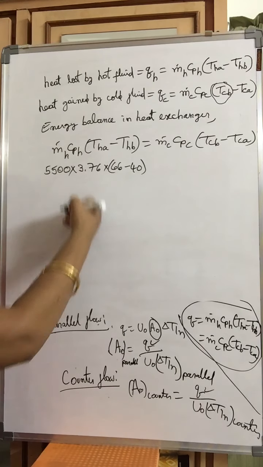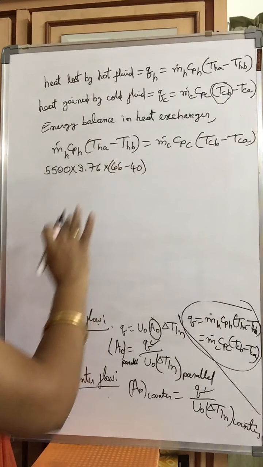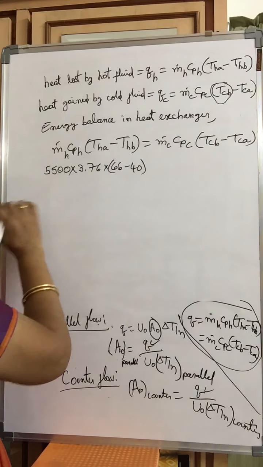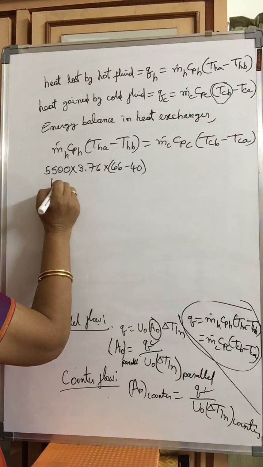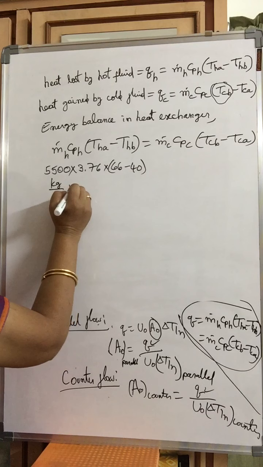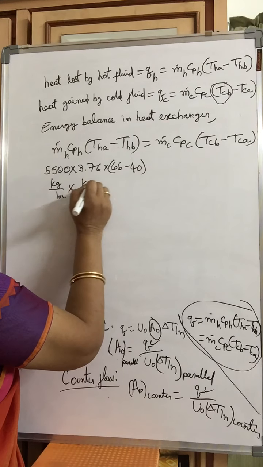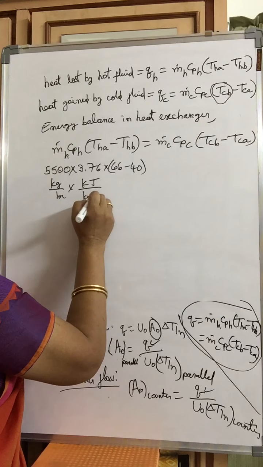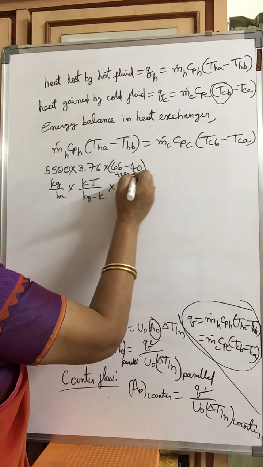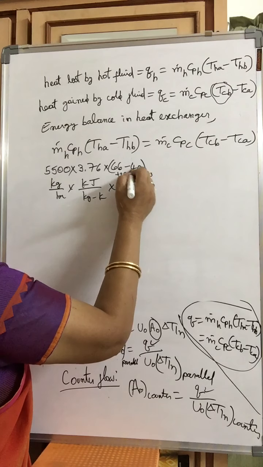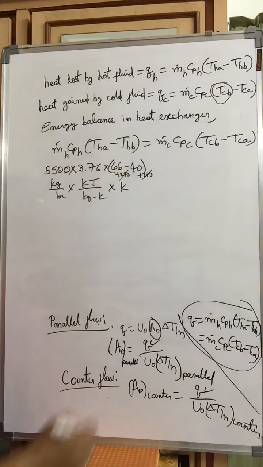You better write the units at the bottom of this. Then you will be sure of writing consistent units. So 55,000 is kg per hour. This is kilojoules per kg per Kelvin, and this is Kelvin. Adding 273 and subtracting, so it gets cancelled. You will have the same units.